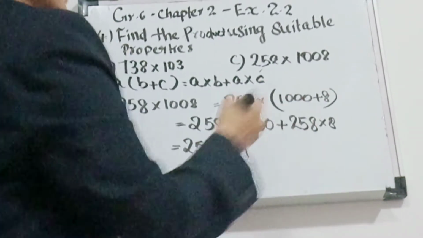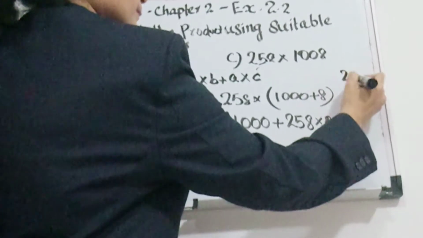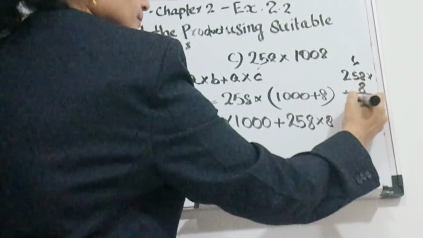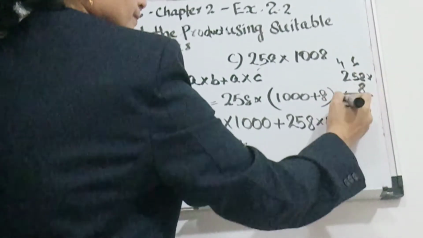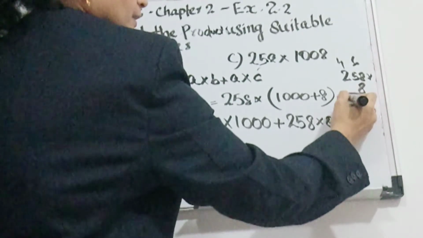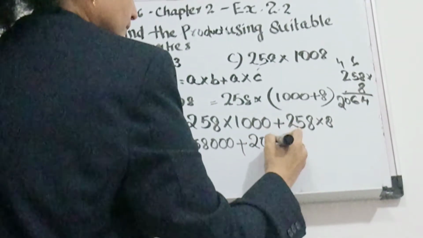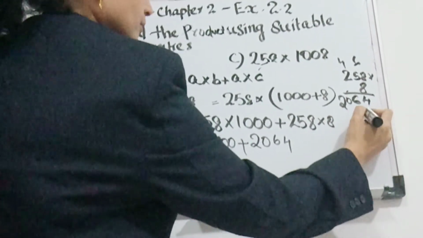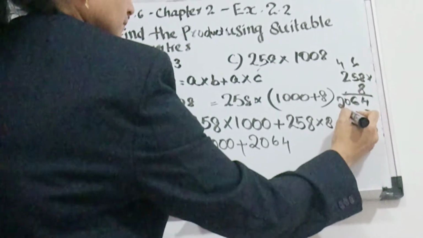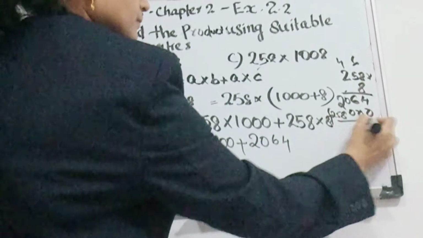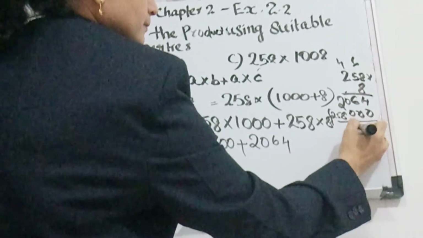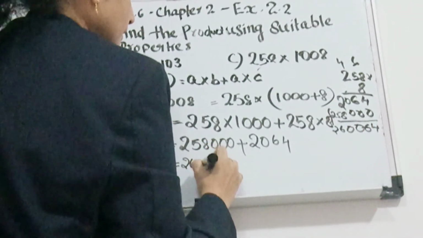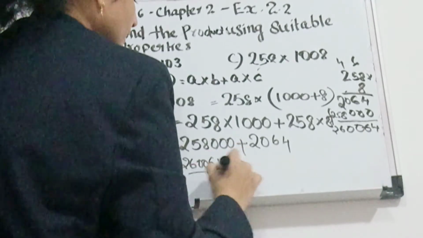Now what is 258 into 8? You add both these two. 60064. This is the answer.